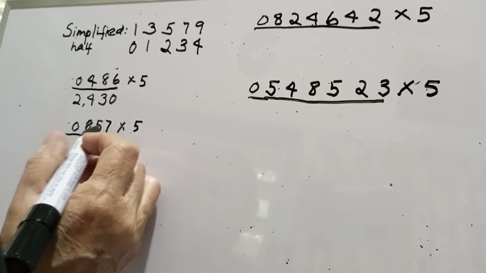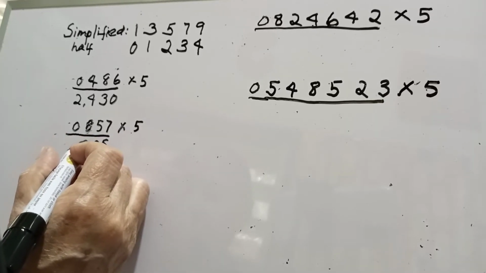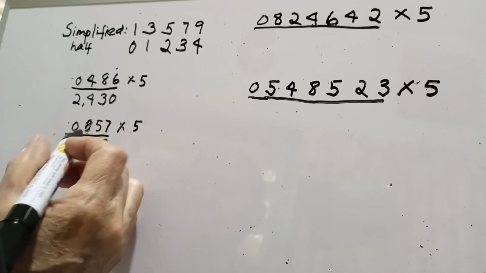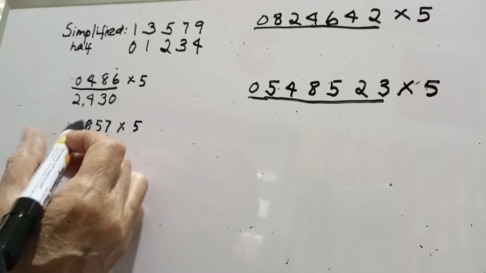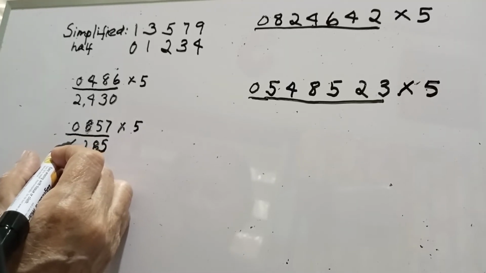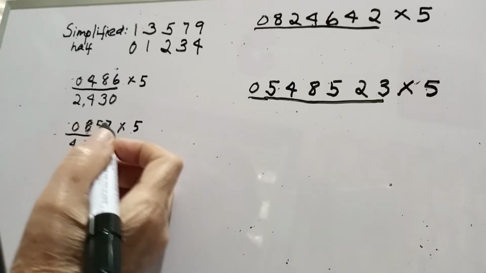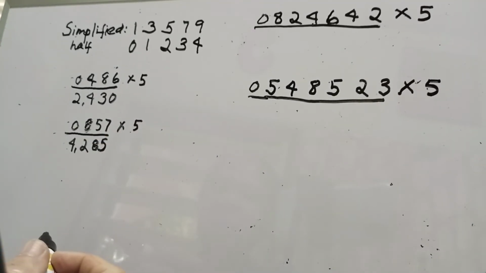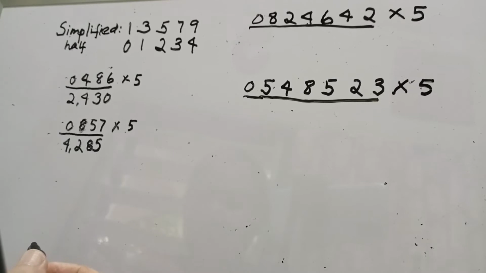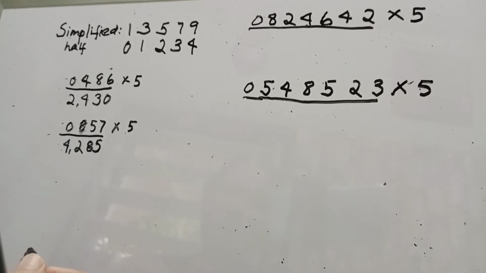So take half of 5, which is 2. 0 is even. Take half of 8, which is 4. So the answer is 4,285. Very simple. Elementary students can do this.